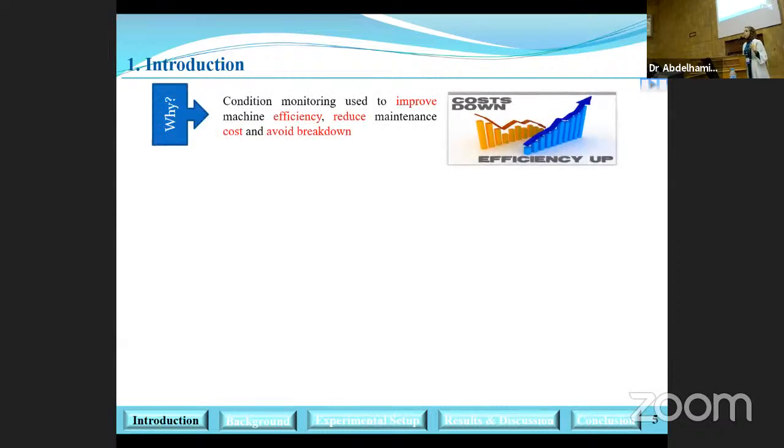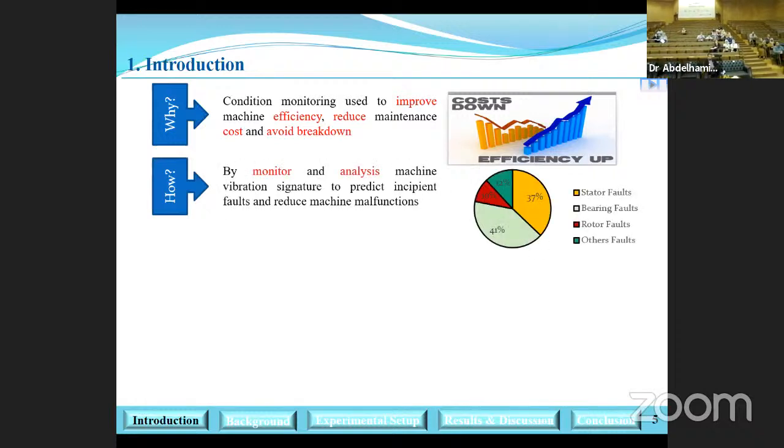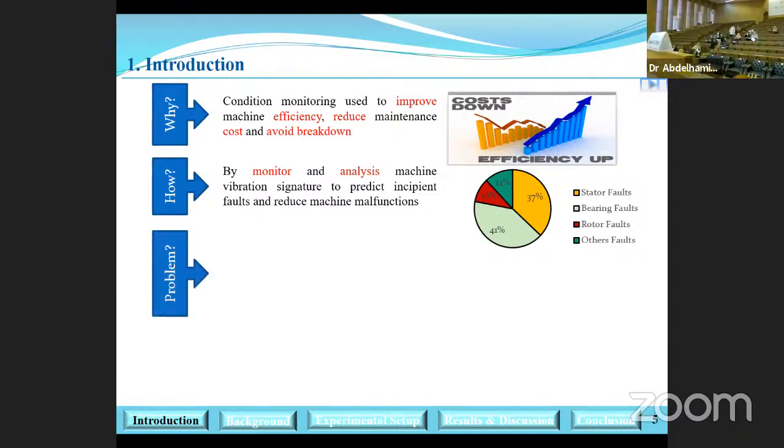The popular questions are why condition monitoring and what its importance, how it works, what problem it solves, and what the solution for this problem is. If we use condition monitoring, we can improve the machine efficiency, reduce the maintenance cost, and avoid breakdown. How? By monitoring and analyzing any affected parameter in the machine, like the vibration in the rotating machine.